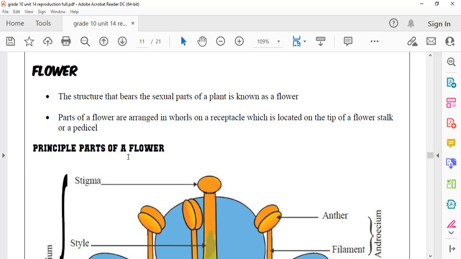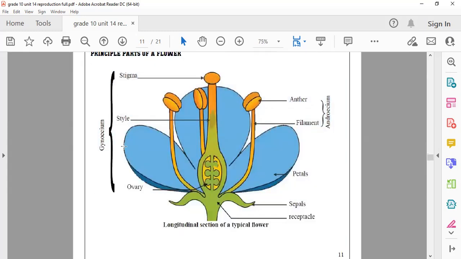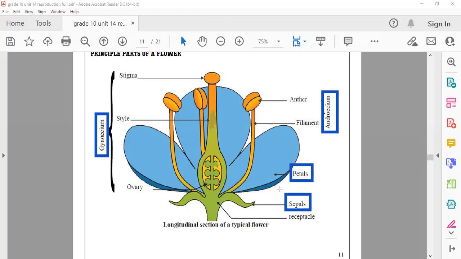If you take a flower, as you have studied in your lower grades also, there are 4 basic components. I will mark them one by one. One is gynoecium, one is androecium, one is petals, one is sepals.